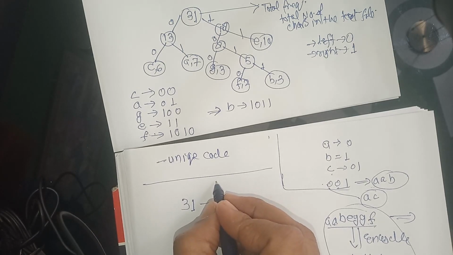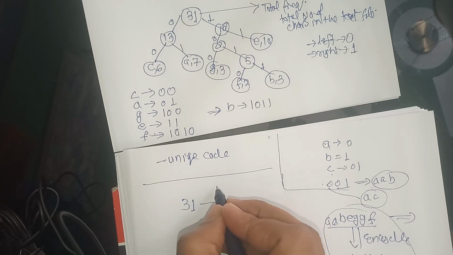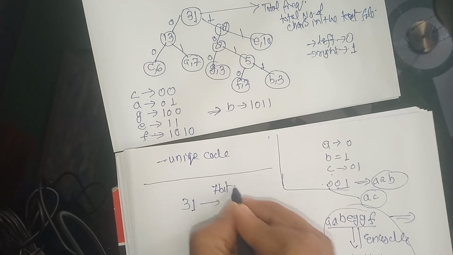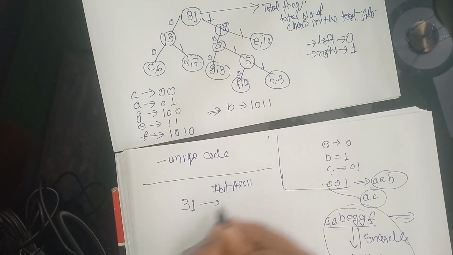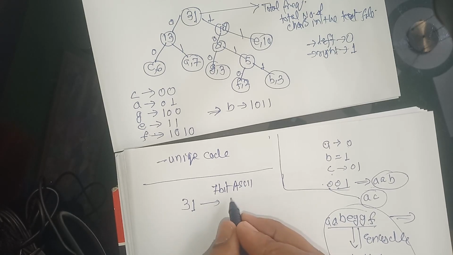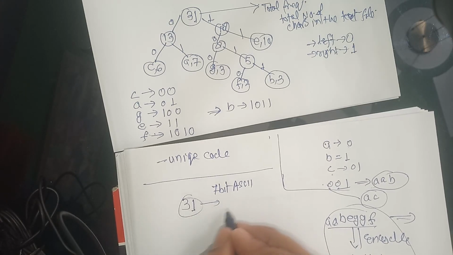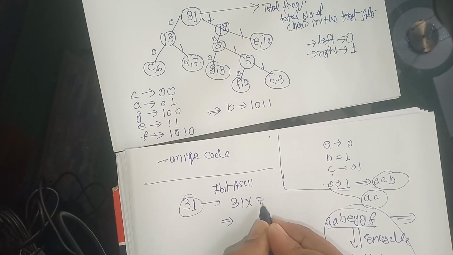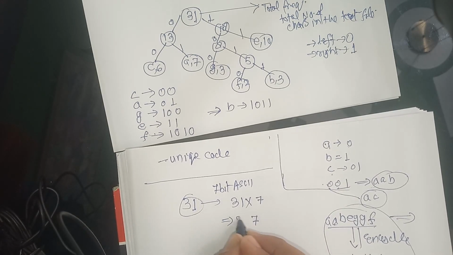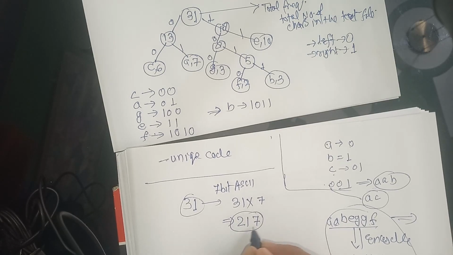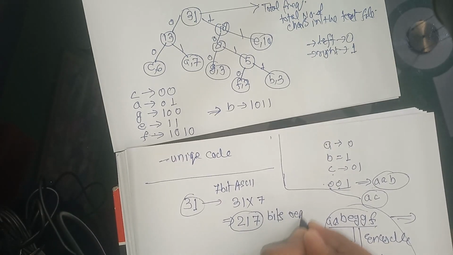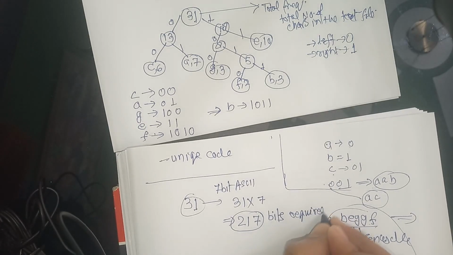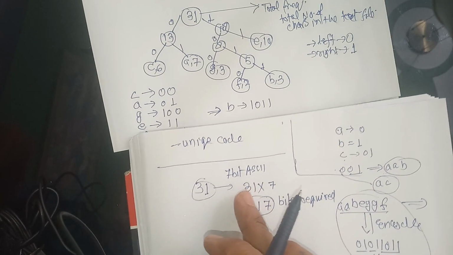ASCII code may use 7 or 8 bits, so assume 7-bit ASCII is used. The total number of bits used to represent 31 characters will be 31 into 7, which is 217 bits, if we represent the text using ASCII code.